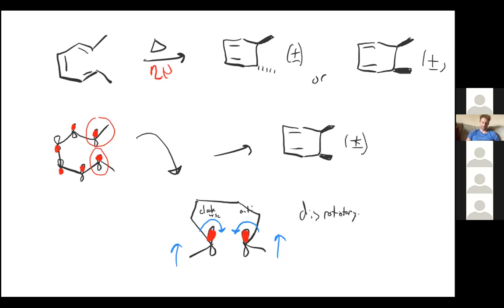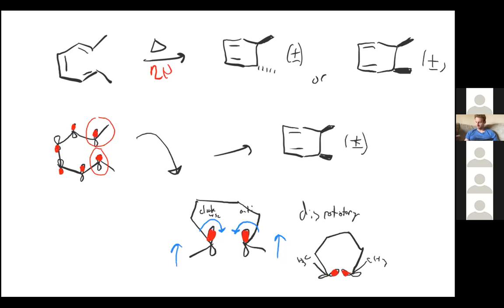Even though we end up as a syn product, the two red dots come together, because your end goal is this here. They rotated what's called disrotatory towards each other.